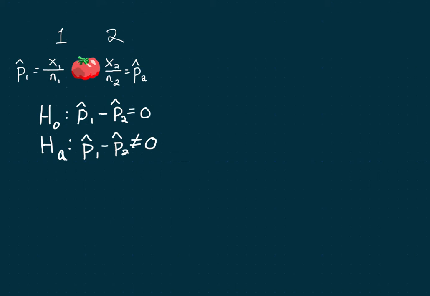Now we need a test value. Because we are working with proportions, it will again be a z sub 0 symbol for our test statistic, and we will be returning to the normal distribution to obtain our p-value at the end of this process.